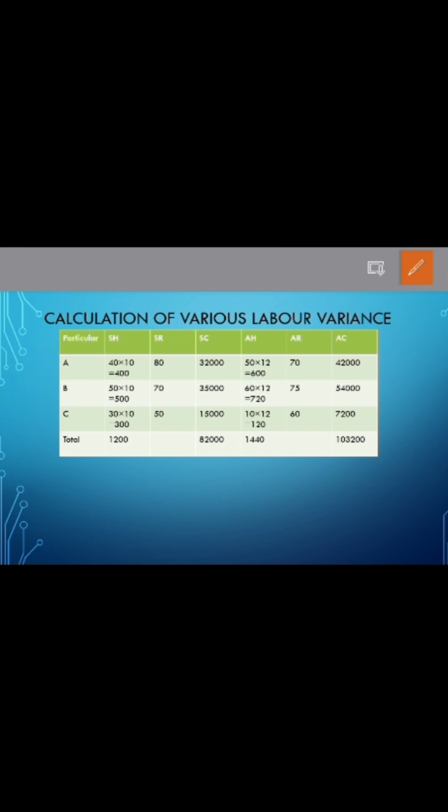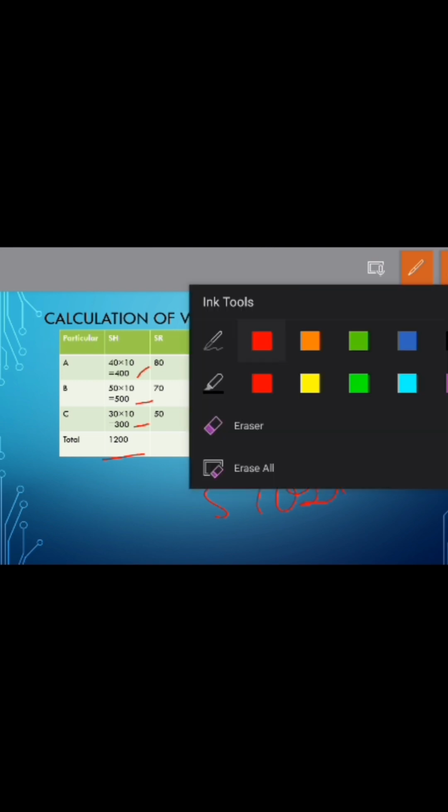Therefore the number of standard hours worked by A is 400 hours. The number of standard hours worked by B is 500, and the number of standard hours worked by C is 300, and their total is 1200. And next is the standard rate, which is given in the question, and this is called standard cost.